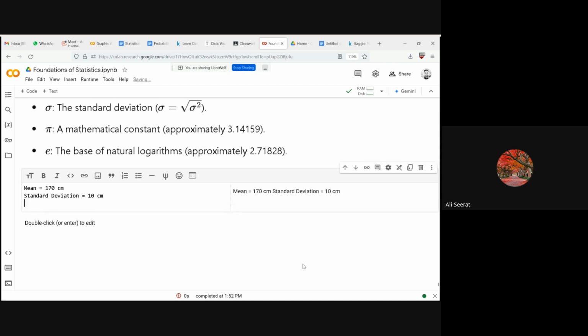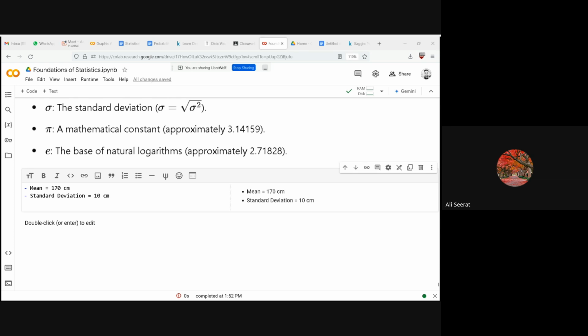So just assume that you have these values.